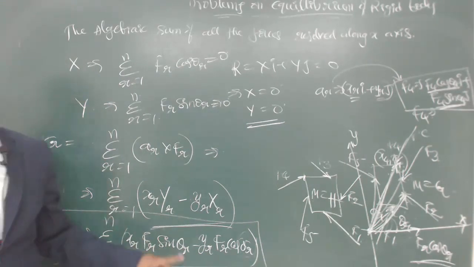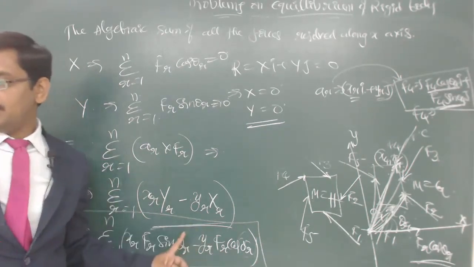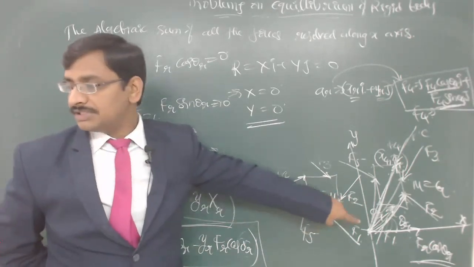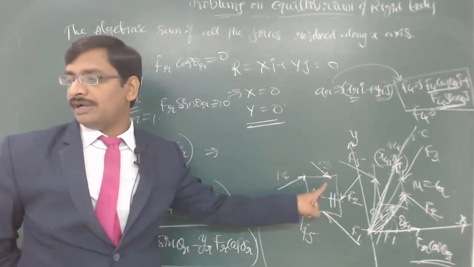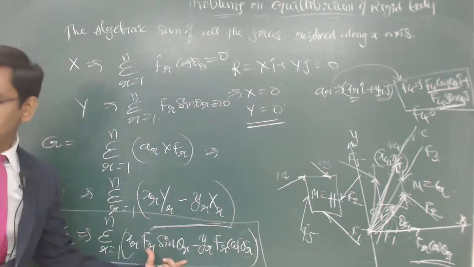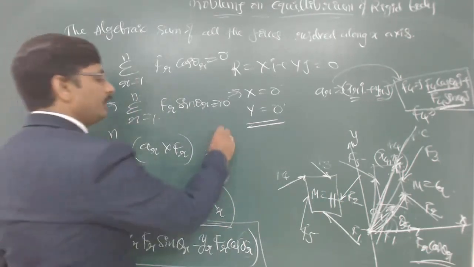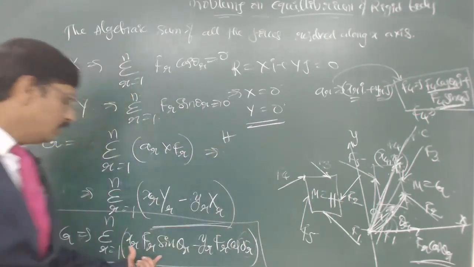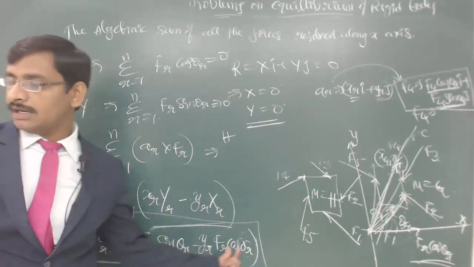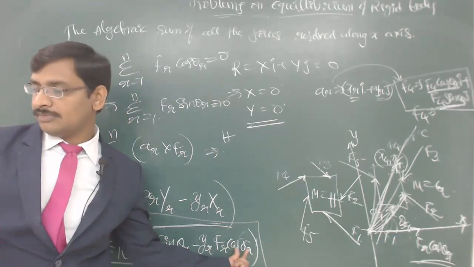Now actually, this was rotated by an angle of 90 degrees. In the second case, each theta is rotated by an angle of 90 degrees. So, in case of h, right? h will be this value, 90 plus theta r. Got it?